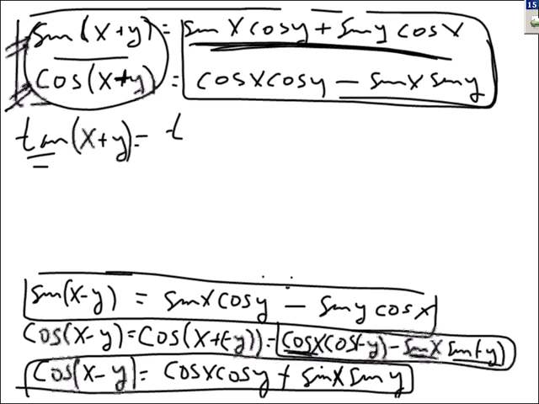Okay, it's the tangent of x times the tangent of y, but that's not going to be true. It's plus. The tangent of x plus the tangent of y over 1 minus tan x tan y, I guess.